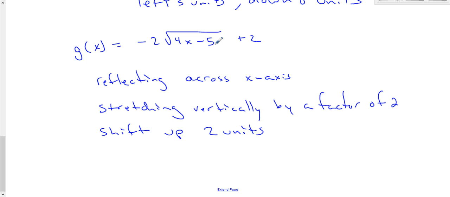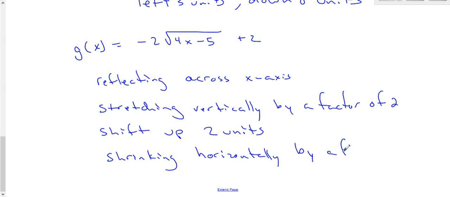Now let's look at the inside for our horizontal. So the 4, now we're on the inside, so we do the opposite of what we think. So it's not stretching, it's shrinking horizontally by a factor of the reciprocal of 4, so 1/4.